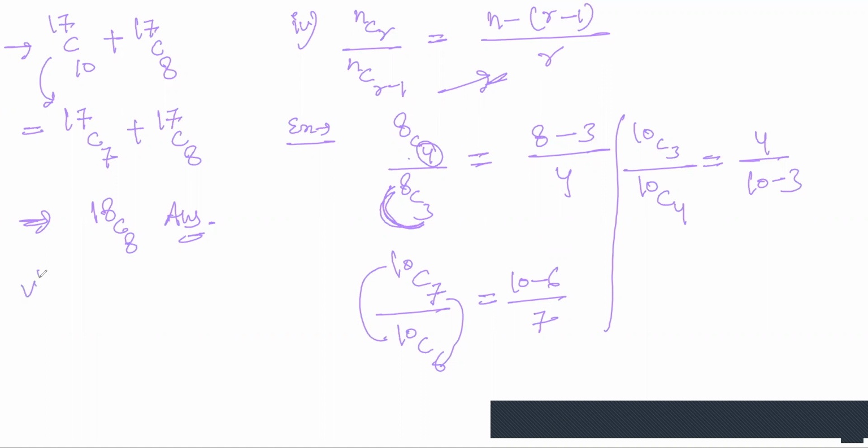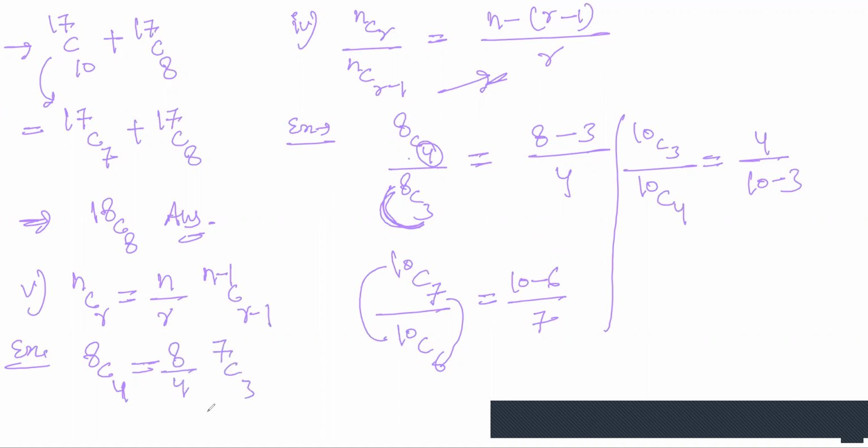The fifth property is nCr is equal to n by r into (n minus 1)C(r minus 1). For example, 8C4 is 8 upon 4 into 7C3. Or further, 8 upon 4 into 7 upon 3 into 6C2.